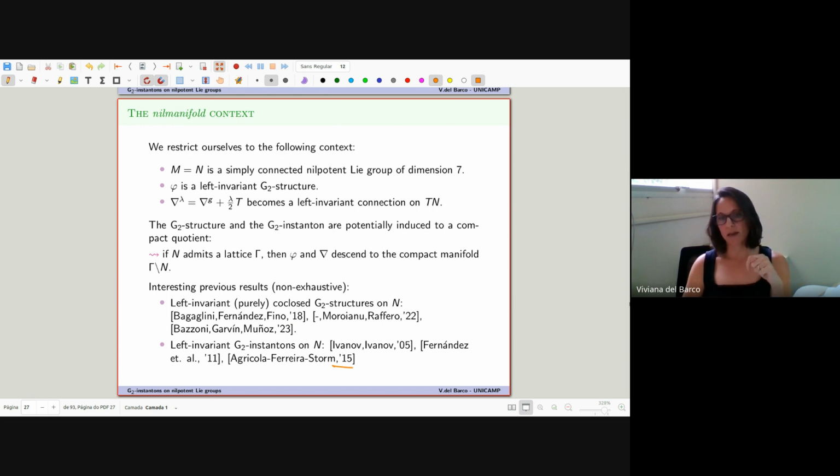The quaternionic Heisenberg appears here, and they say that the canonical connection of the naturally reductive space is the connection of Ivanov defined by a certain structure, and they do some computations of the holonomy and so on, from which you can deduce that the connection of the naturally reductive space is actually a G2 instanton, but it's not mentioned there. We discovered that later. So you can deduce that, but only if you join the dots.